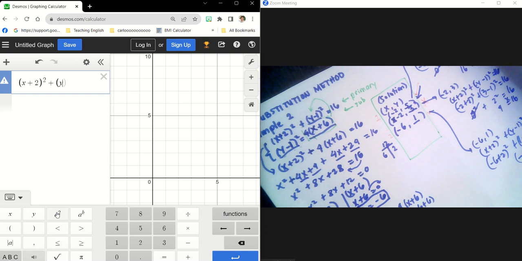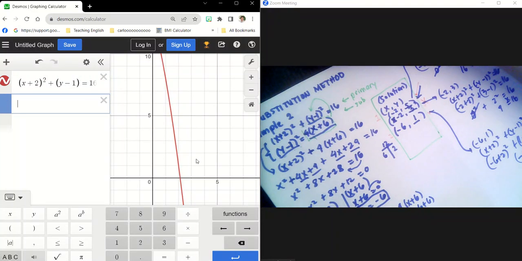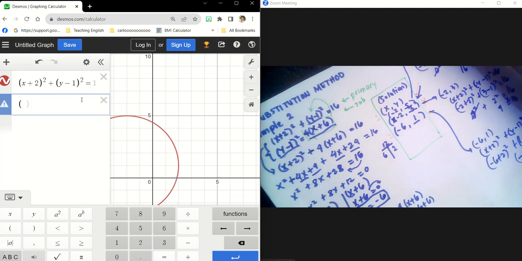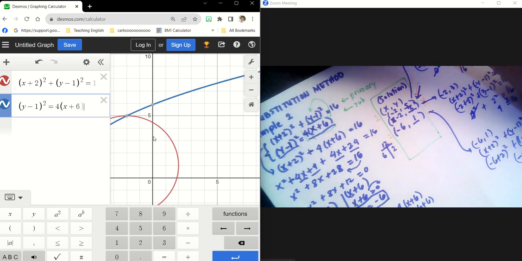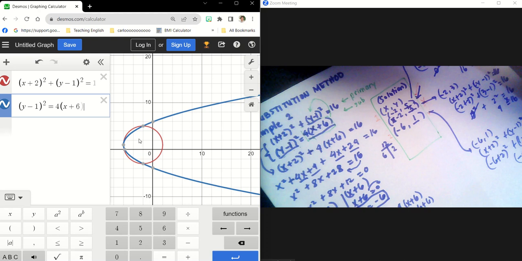Plus y minus 1 squared equals 16. I forgot to add the squared in here. The second one is y minus 1 squared. I guess this is a parabola because it has only one squared term, equals 4x plus 6. Okay, so they meet at 3 points.